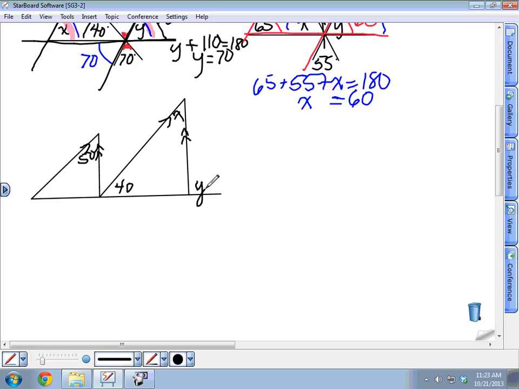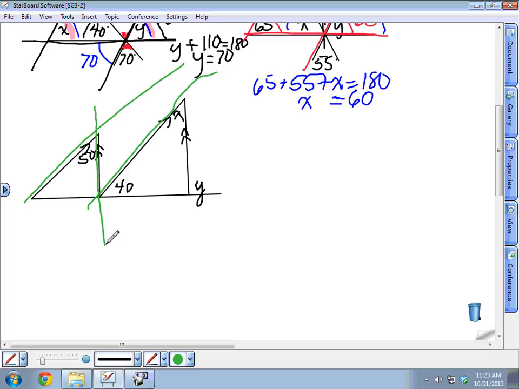First of all, let's think about some parallel lines cut by a transversal. We need to find x or y. If you look at this parallel line with this parallel line, and we have this transversal, what do we have?